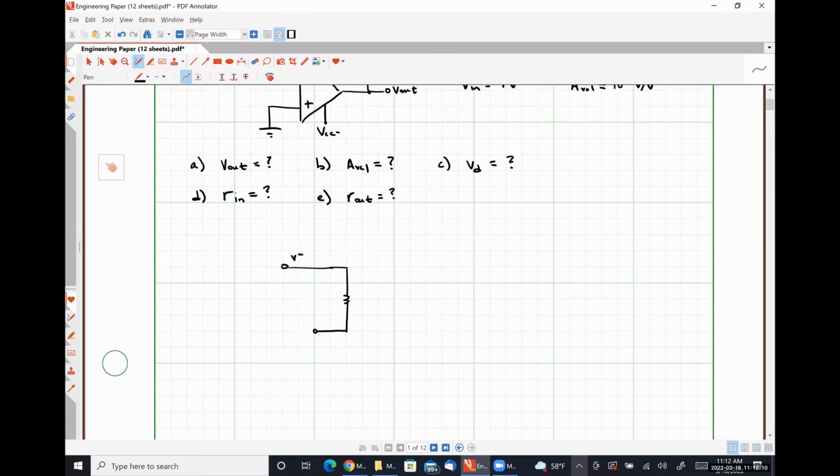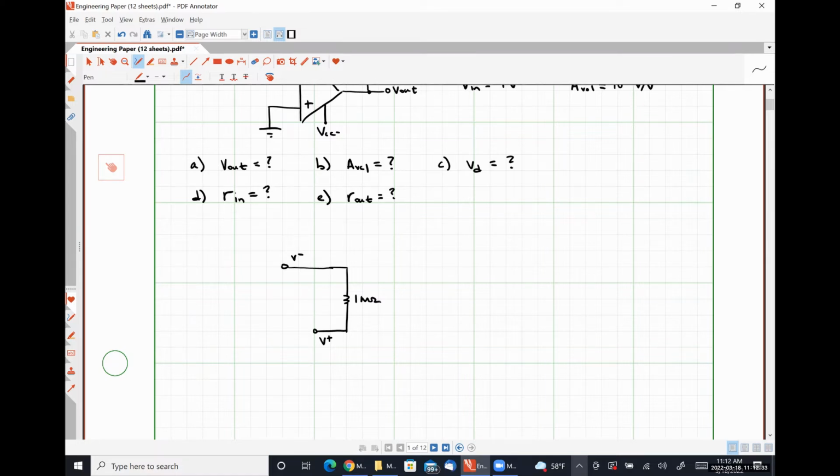I'm going to say that the voltage on top of my resistor Rn, which has a value of 1 mega ohm, is the inverting input terminal, and the voltage on bottom is the non-inverting input terminal. So I'm flipping that resistance.